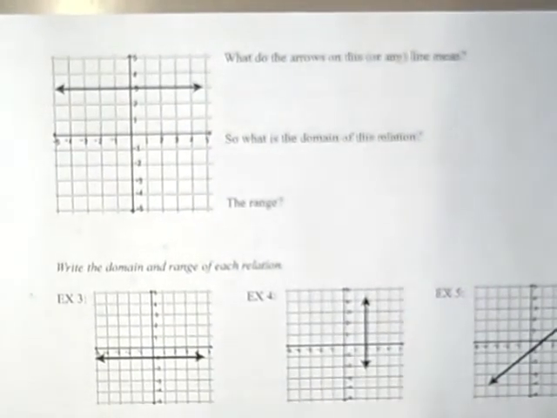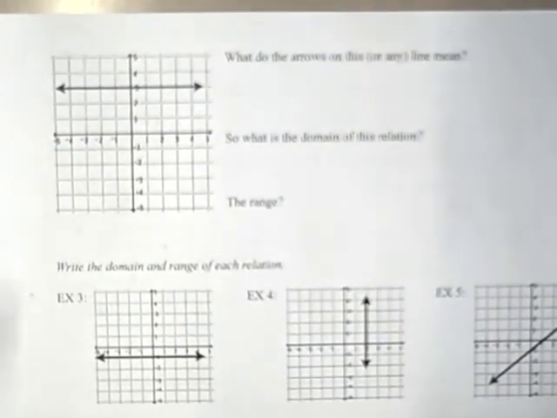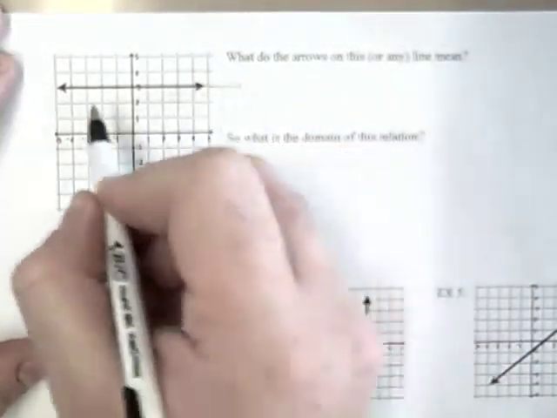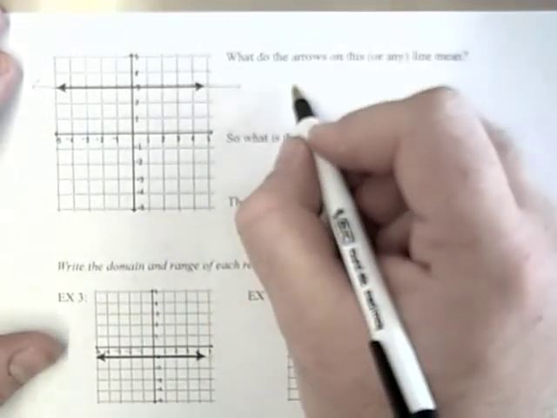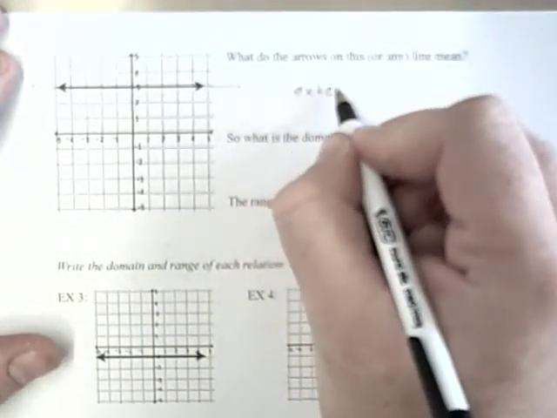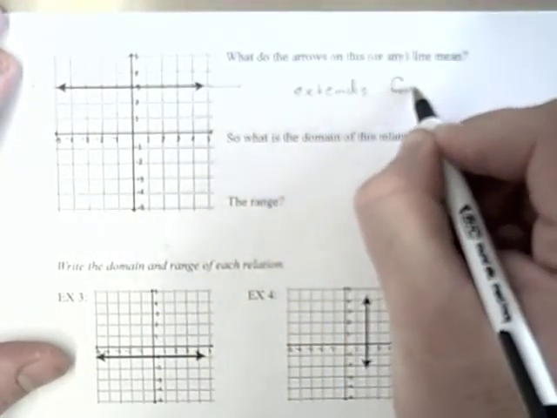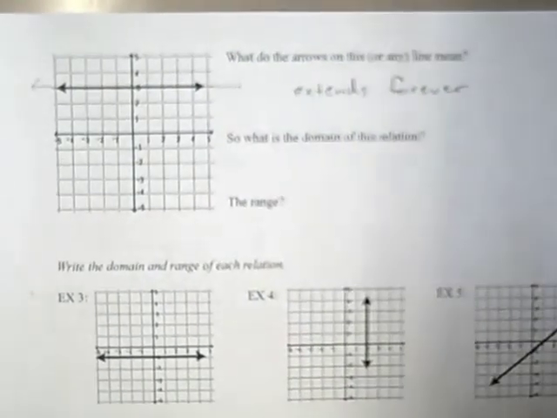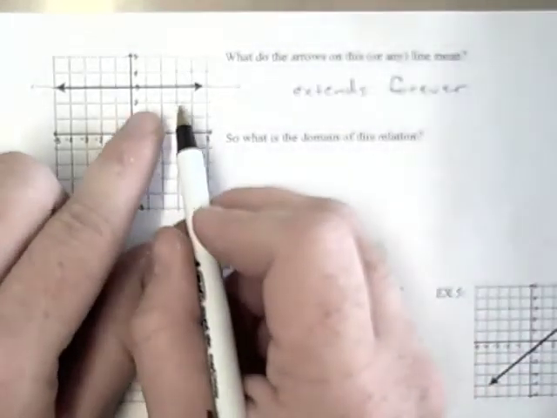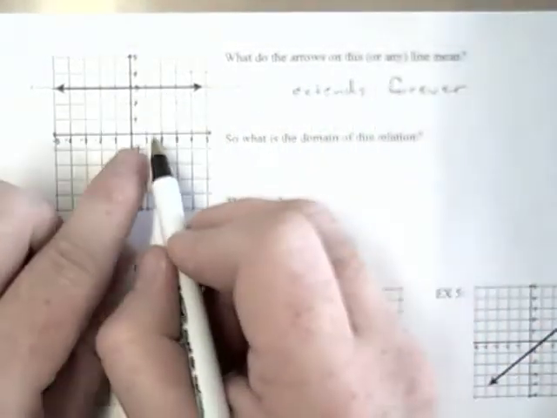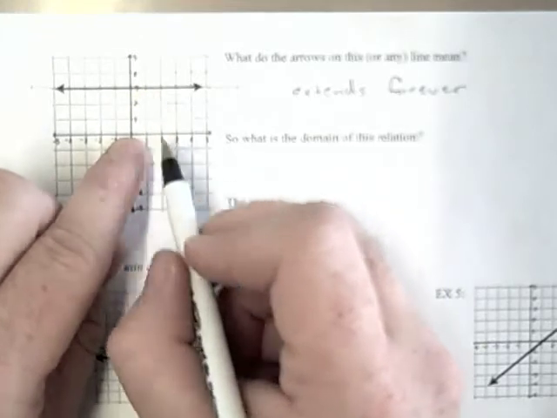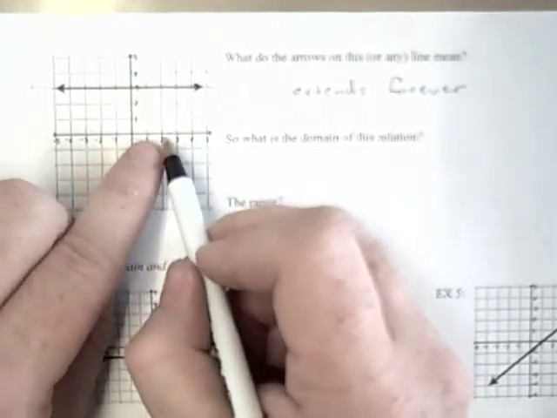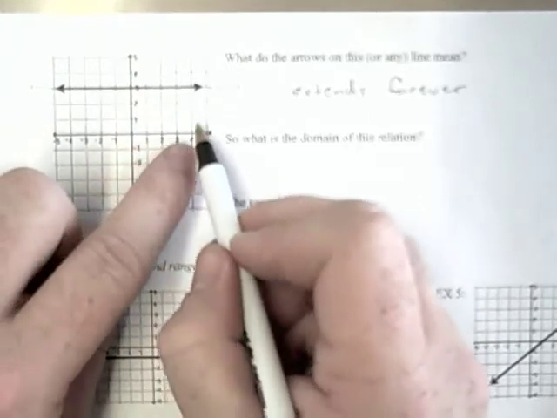We can do the same thing when we have a line instead of a series of points. The arrows on any line means that this line extends in both directions forever, which means that the domain, all of the x values, goes on forever as well. We see that 1 is in the domain. That's an x value that's on this relation. We see 2, 3, 4.